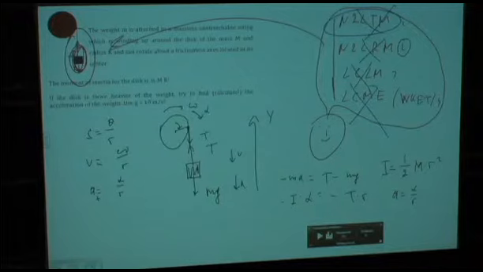And now the easiest way is getting rid of A and tension T. So what can we do? Well, multiply everything by -1. So M times A equals mg minus tension.